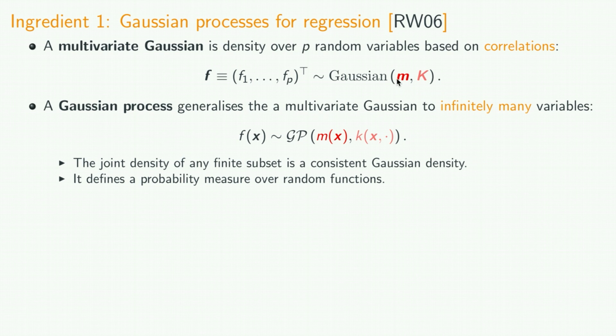So instead of having a mean vector and a covariance matrix, you have a mean function and a covariance function. The nice property of Gaussian processes is that it's a joint density of any infinite set of random variables, but any finite subset is a consistent Gaussian density.